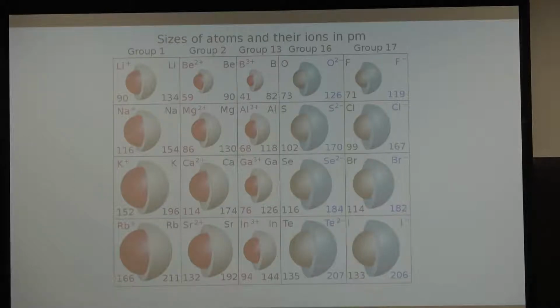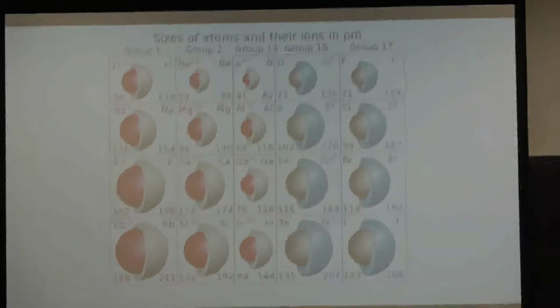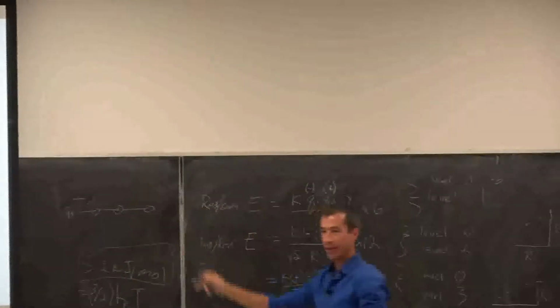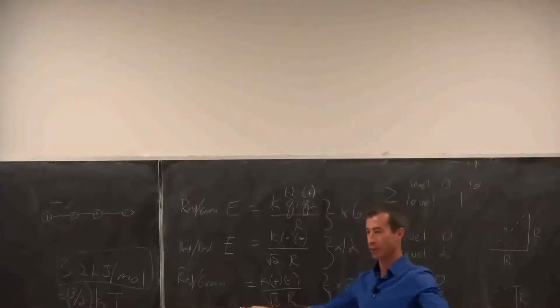We could have just as easily done it in a line, positive, negative, where it's R, 2R, 3R, 4R, and that just becomes the natural logarithm of 2.